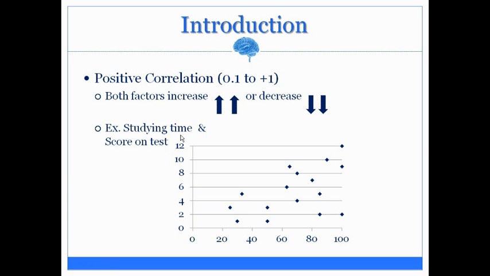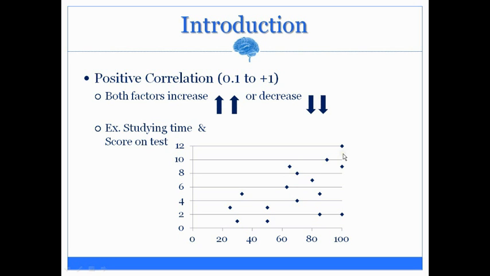What you see is that as people increase in their test score, they're also typically higher in study time than those individuals who get a poor test score, meaning that as an individual increases their studying time, they also increase their test score.